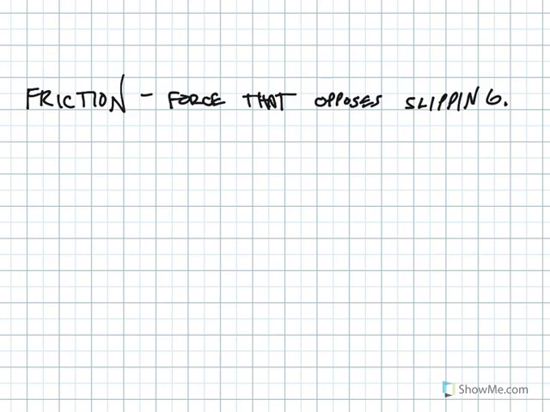So let's just start off with a simple example here. Here is some level surface, the floor, made of some material, and then there's, of course, a block sitting on this thing with a mass m.